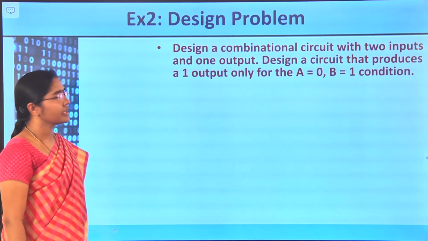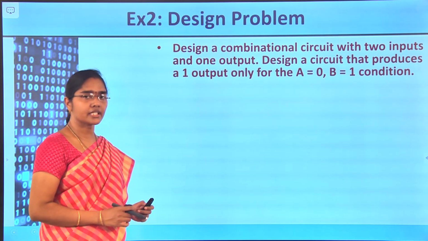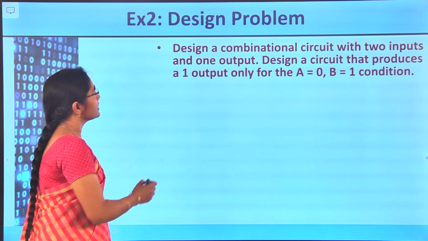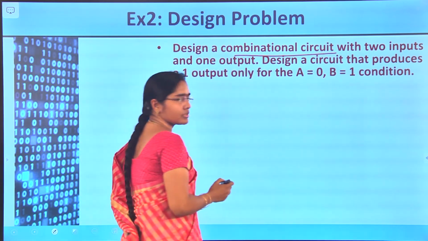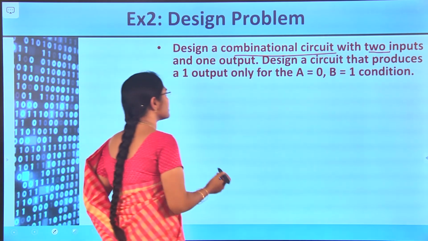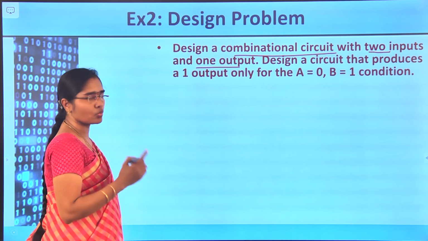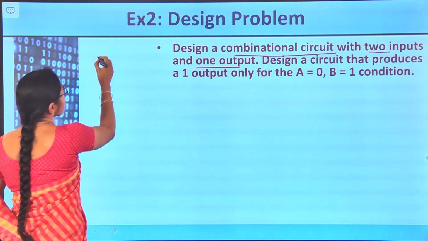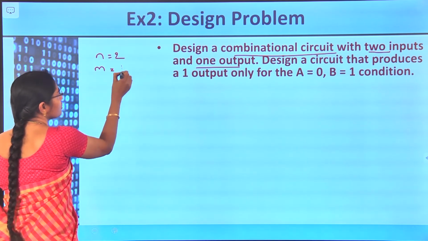Let us see another design problem so that you can get more clarity in this design process. The design problem is: design a combinational circuit with 2 inputs. Here also, inputs and outputs are mentioned, with 2 inputs and 1 output. That means n is equal to 2 and m is equal to 1.